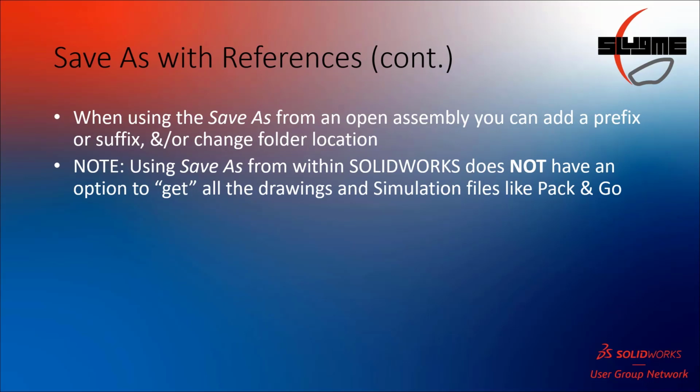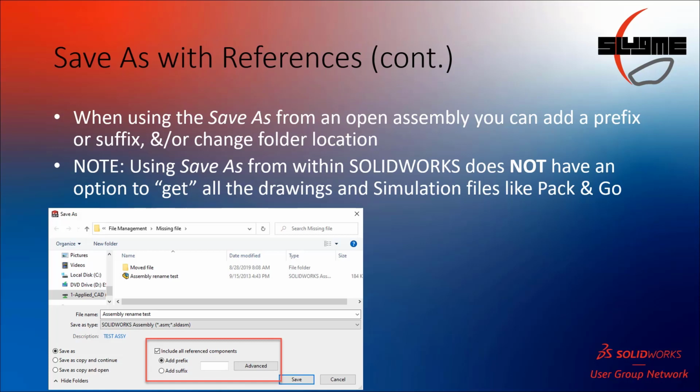We said that you could do it this way and also do a suffix and do your Rev 1. So note, using Save As from within SOLIDWORKS does not have an option to get all the drawings and simulation files like a Pack and Go does. Kind of an important piece to remember if you're doing multiple stuff.